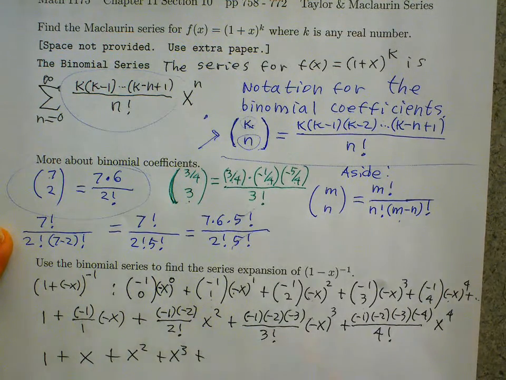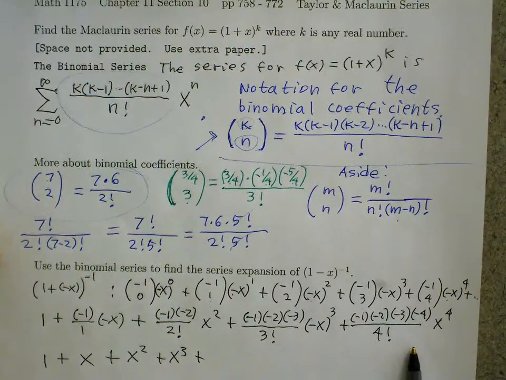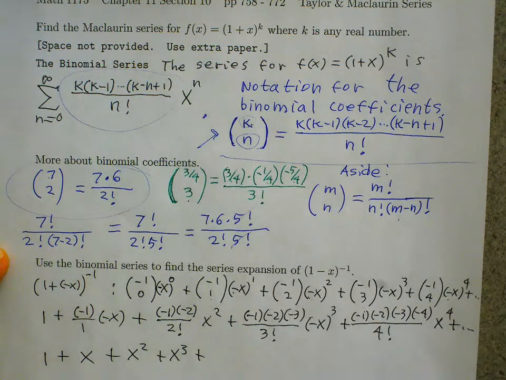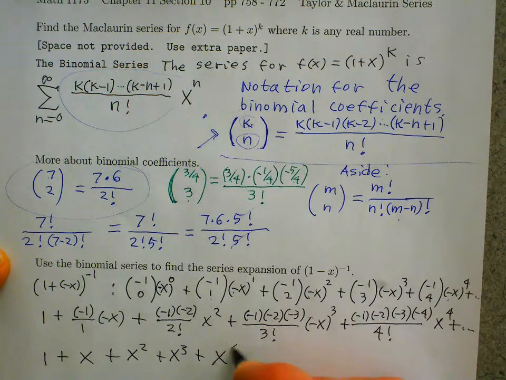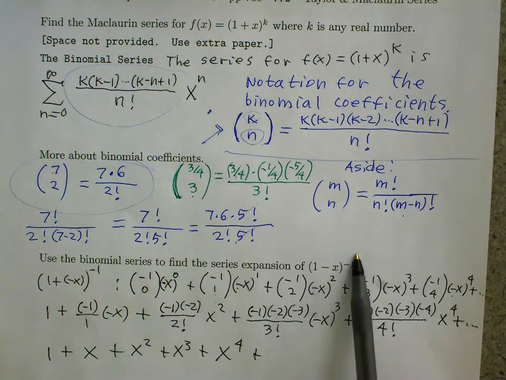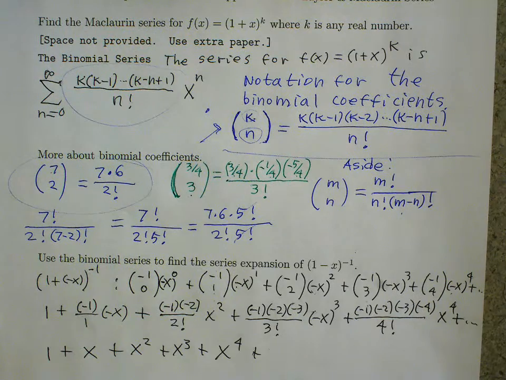And then the last one in our test, x to the fourth. Yeah, x to the fourth. Gee, where have I seen that series before? 1 plus x plus x squared plus x to the third plus x to the fourth. Maybe you saw earlier 1 minus x to the negative 1 is just 1 over 1 minus x.